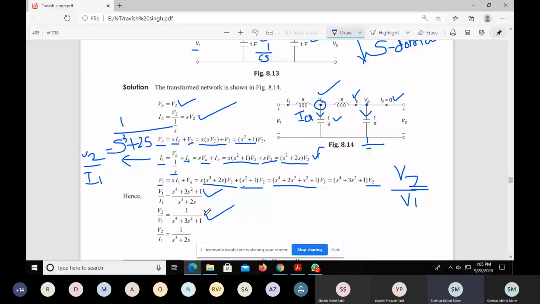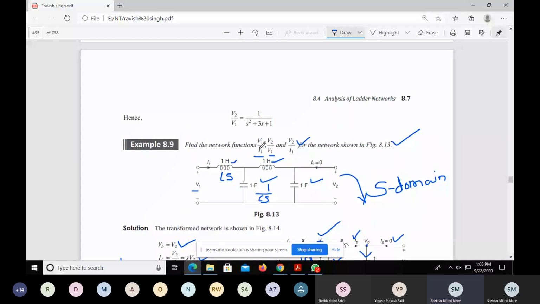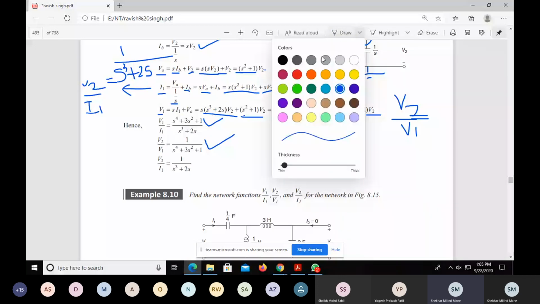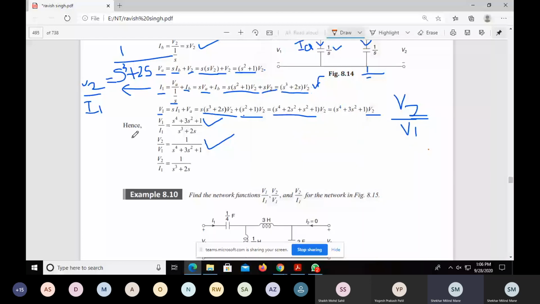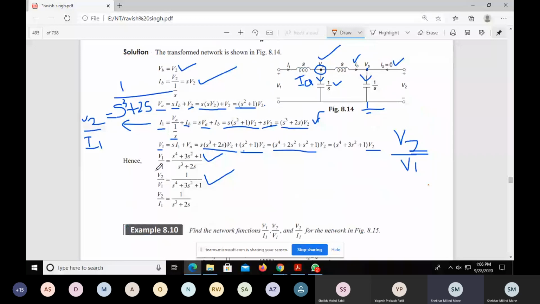This is second. Now you want the third, that is V1 upon I1. So how will you find V1 upon I1? Here we have already found V2 upon I1, and now V1 upon I1 we have to find.